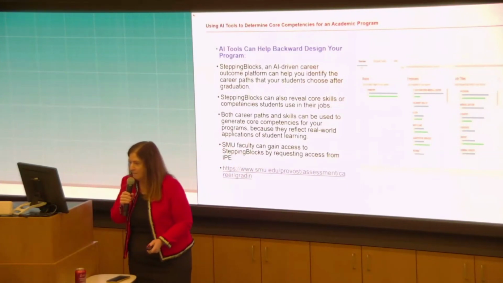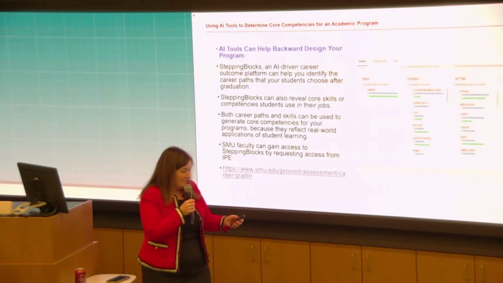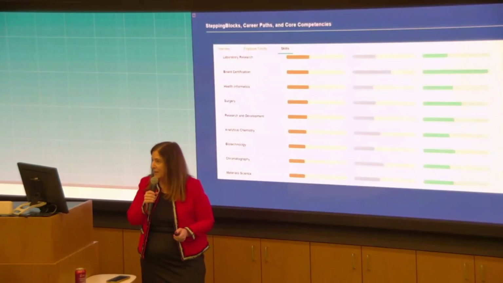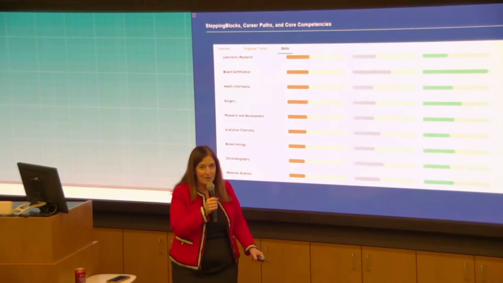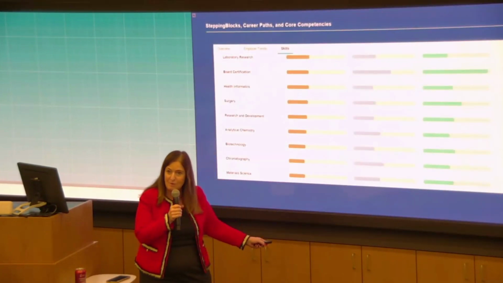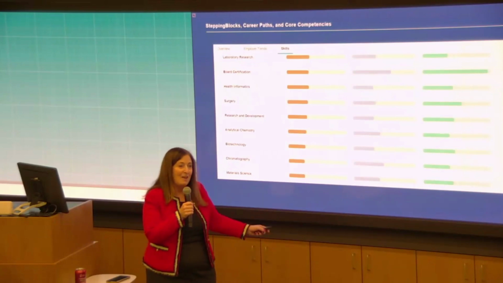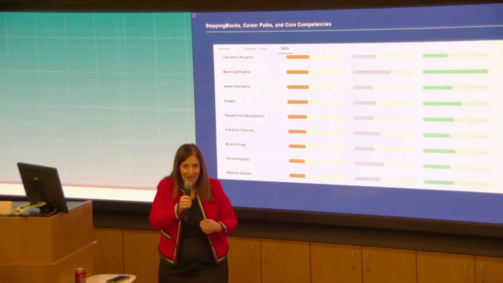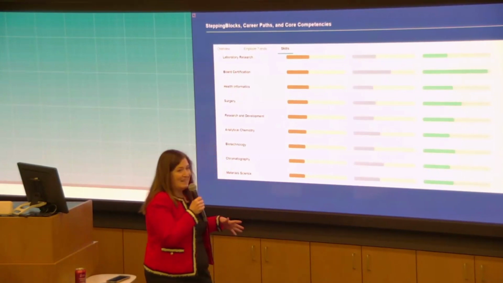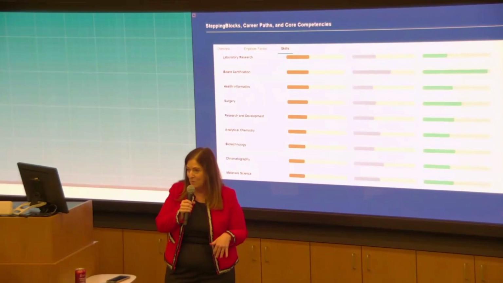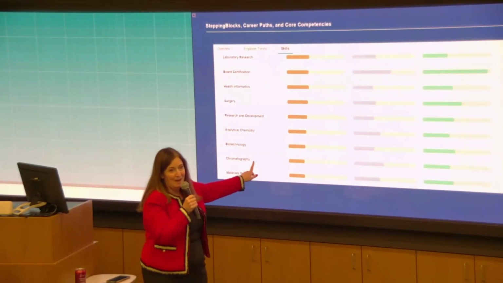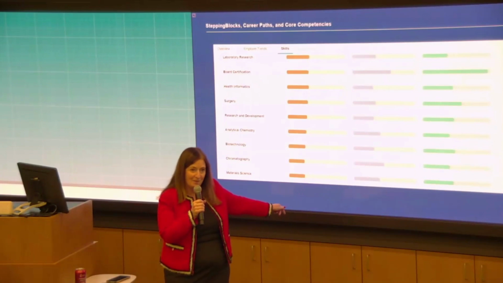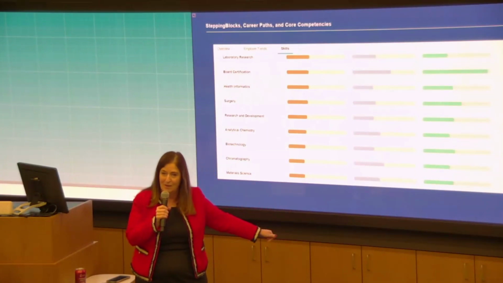But beyond that information, another thing that Stepping Blocks can tell you is what are the skills that your students report that they are using in the jobs that they have. And if I were going to go about designing a program backwards, this is where I would go. I would look at the skills that they are telling us that they are using, at least for some of the outcomes.